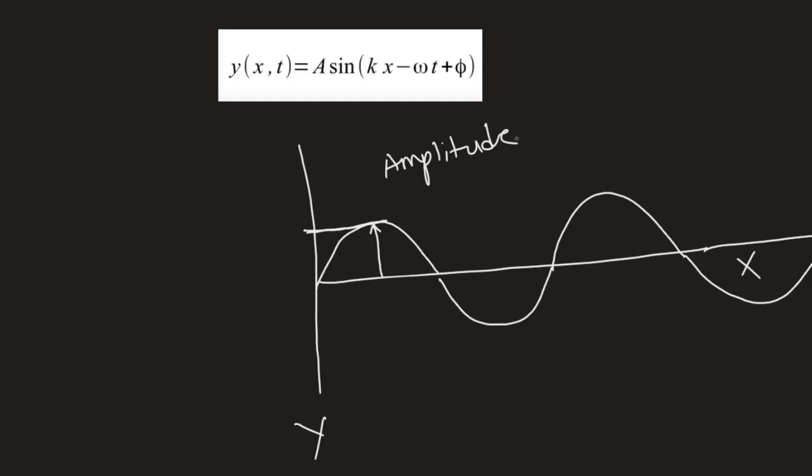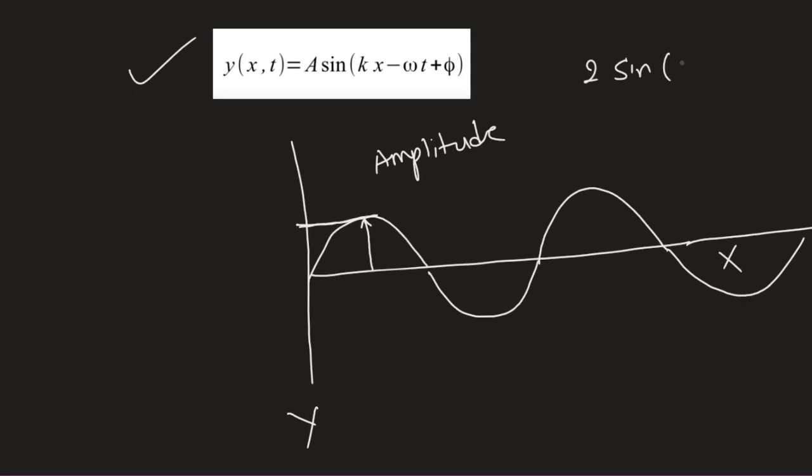If you are given a function like this, you can easily find out the amplitude. Whatever is right in front of the sine function is the amplitude. For example, let us say this is one of the functions of the sine wave. Based upon this, you can find out that the amplitude is 2 in this particular case.